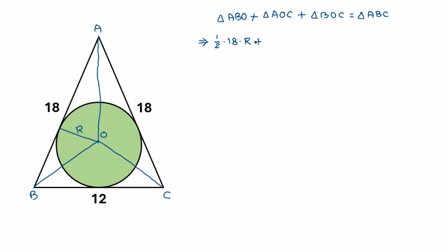Plus similarly in triangle AOC, the height is R and the base is 18 units, so the area will be half times 18 times R.